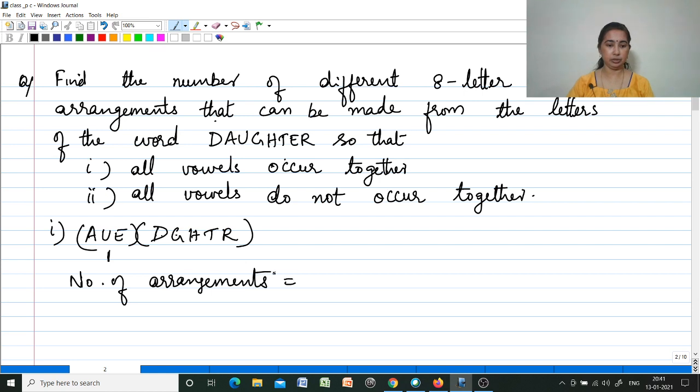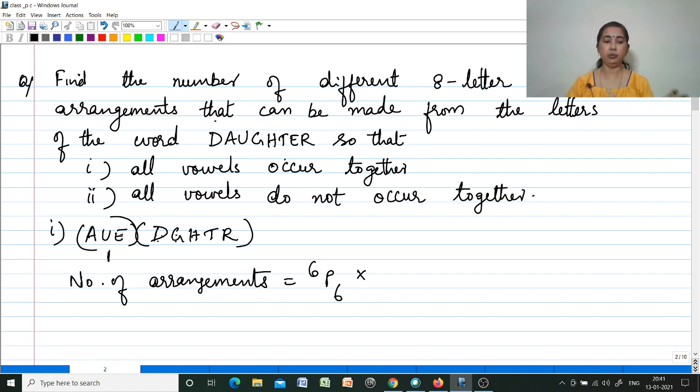Inside this unit, that is A, U, E, among those vowels itself there is an arrangement: U can be first, A can be last, E can be in the middle. Like that, many arrangements are there between these vowels.